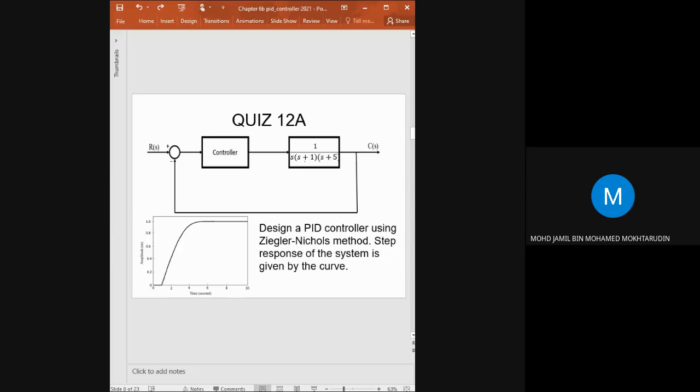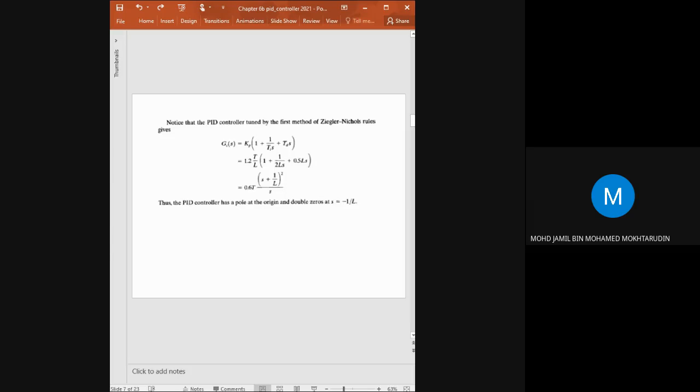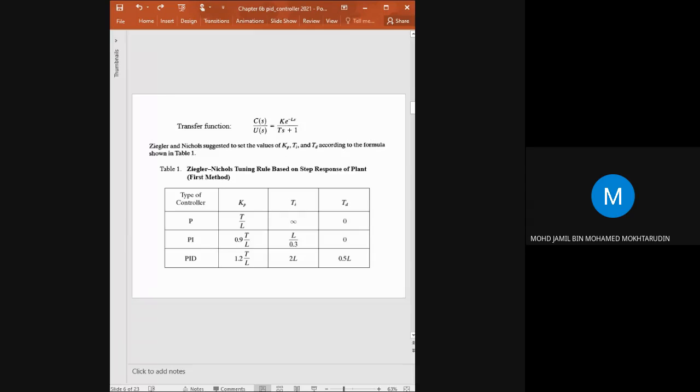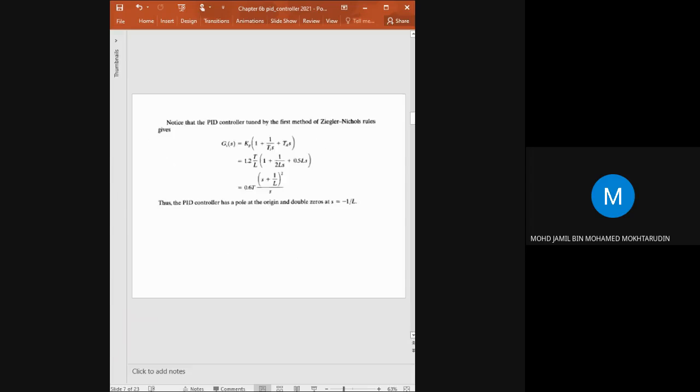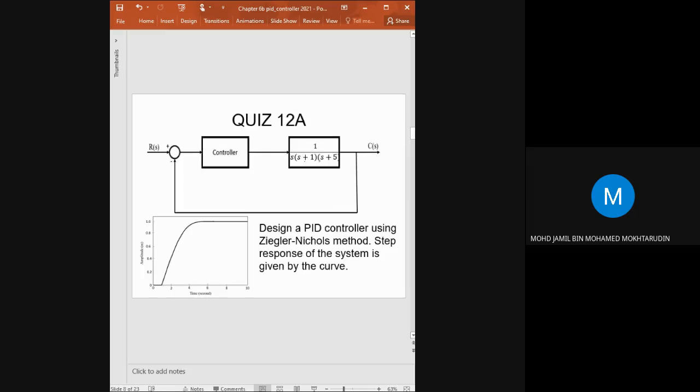After you obtain the value of L and T, you need to calculate the transfer function for the controller, the GC here. Okay, before that, you need to determine Kp, Ti, and Td first. After you determine Kp, Ti, and Td, you calculate the transfer function for the controller. After you calculate it, you get GC here.